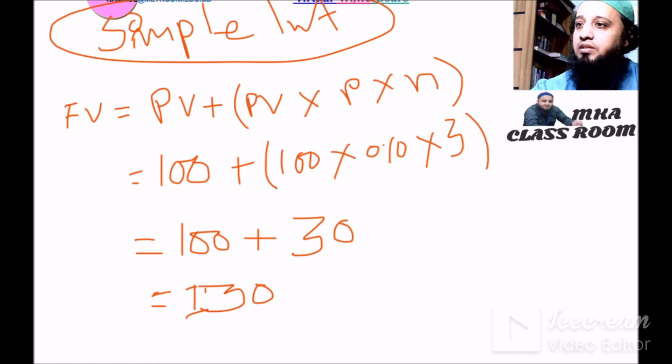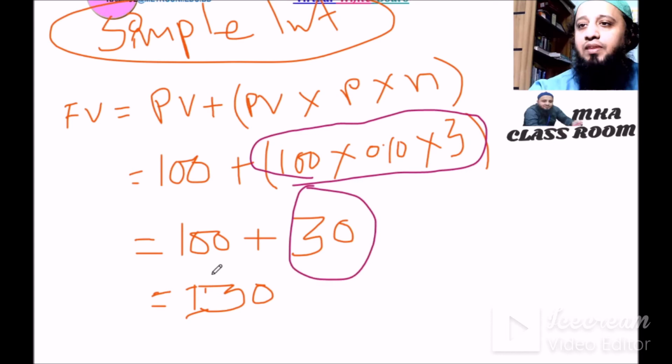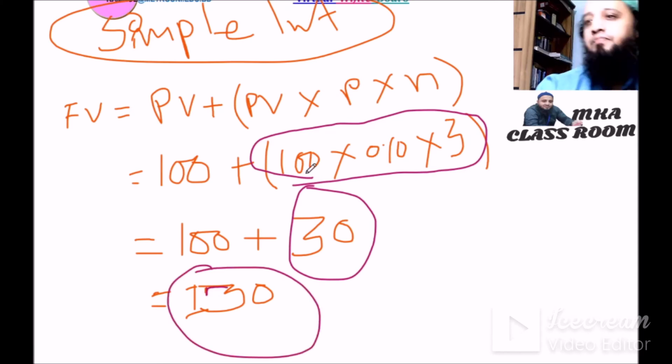After 3 years, our total amount should be 130, and this portion is called the interest portion. We have interest of 30 taka, and at the end of 3 years we have 130 taka.